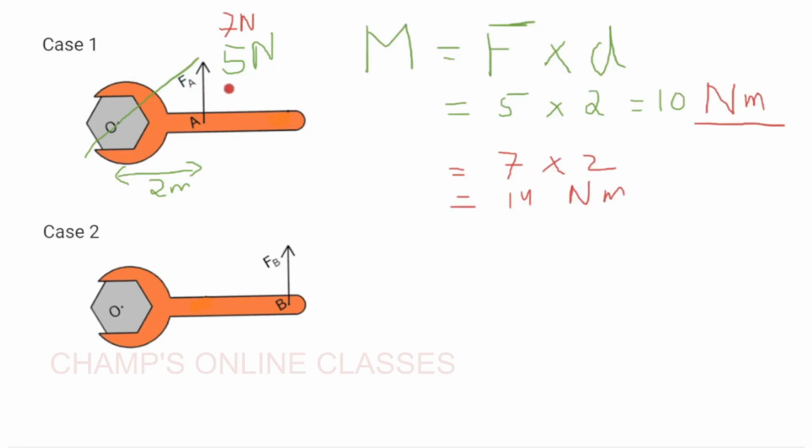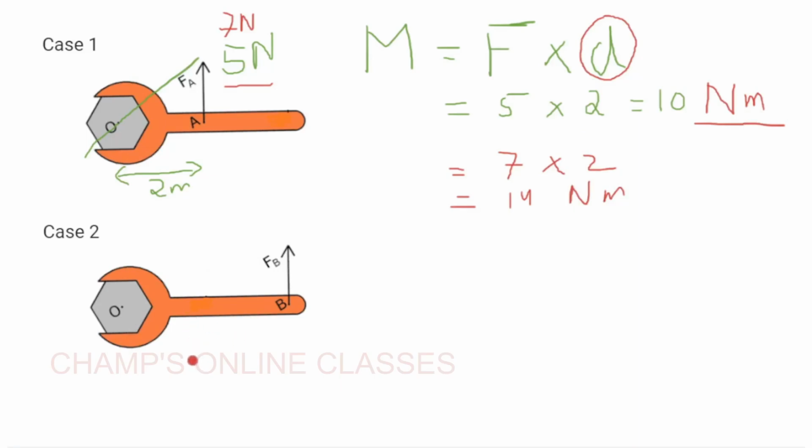So now, what if I don't want to increase the force which I'm applying, that is 5 Newton, but I want my moment to increase? So what can I do? I can increase the second term on which my moment of force depends, that is the distance of force from the axis of rotation.